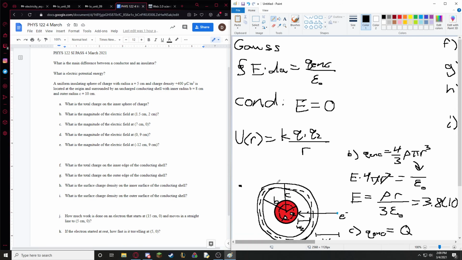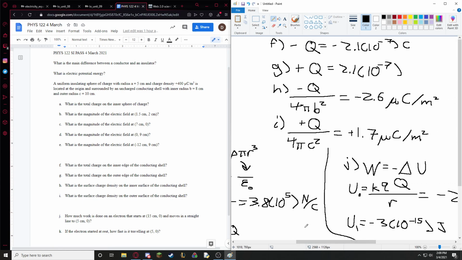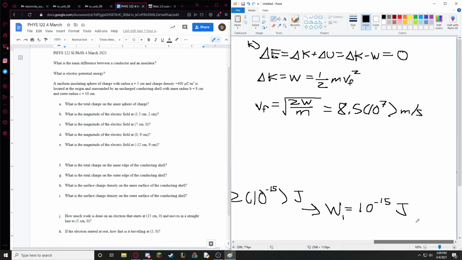And then we found the total charge on the edges of our shell, as well as the charge densities, using, once again, Gauss's law. And then we were able to use electric potential energy to calculate the work being done on a charge that's moving around inside our electric field. Pretty straightforward. Hopefully this helped you guys out a little bit.